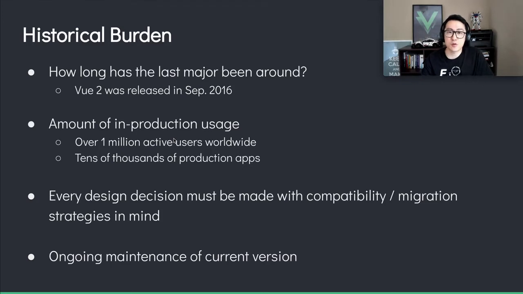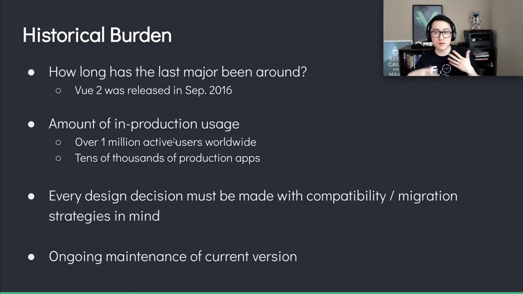So the historical burden part is how long this project has been around. Vue 2 was released in September 2016, so how long is that? That's almost 4 years now. That's crazy, right? During that whole process, a whole ecosystem and all these education materials came out, and people learned Vue.